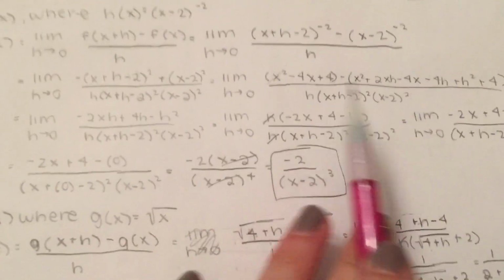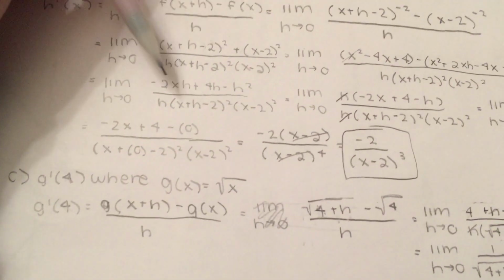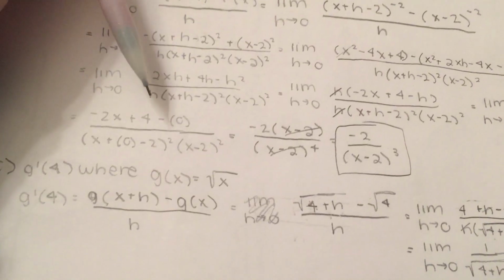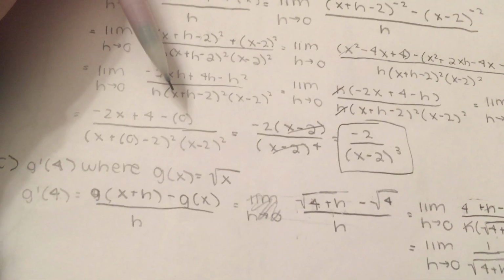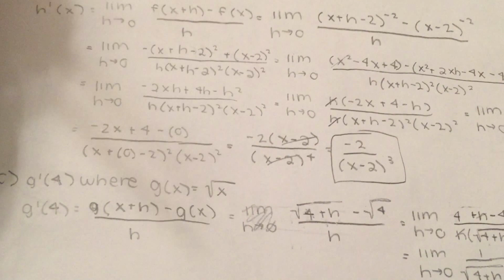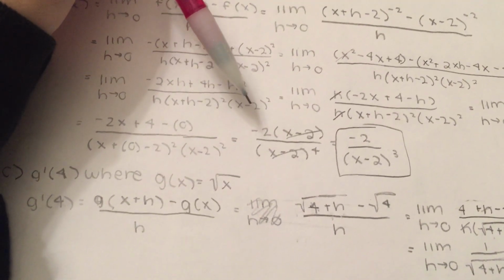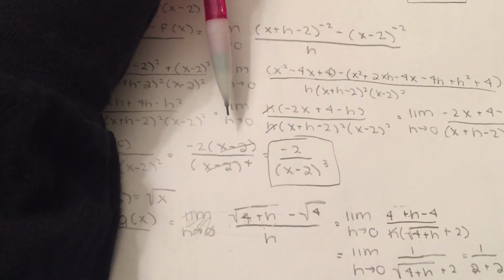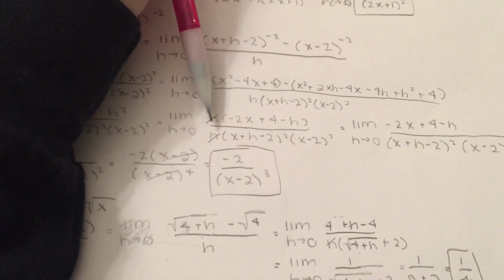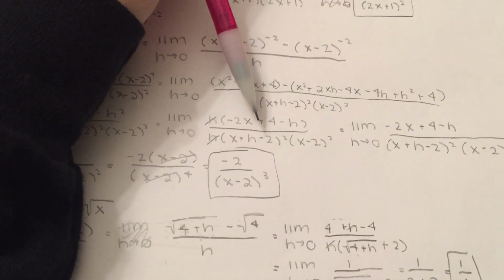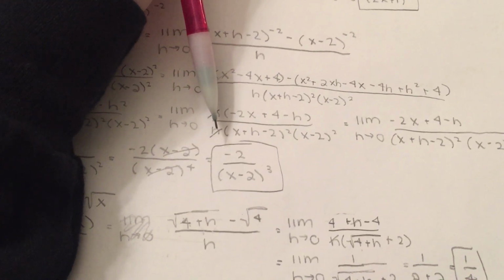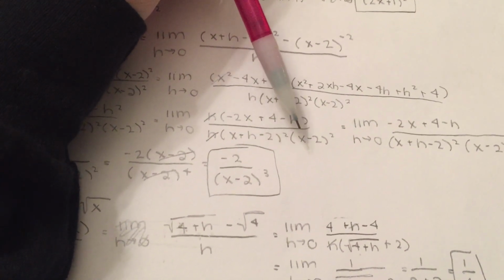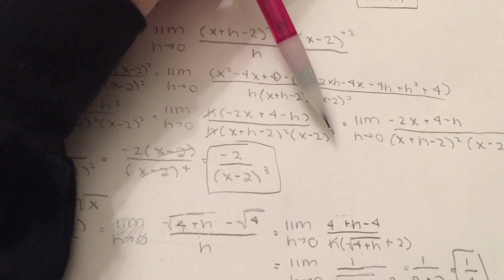And then combine like terms, cancel things out, so it becomes negative 2xh plus 4h minus h squared over h times (x plus h minus 2) squared times (x minus 2) squared, which equals the limit as h approaches 0 of h times (negative 2x plus 4 minus h) over h times (x plus h minus 2) squared times (x minus 2) squared.